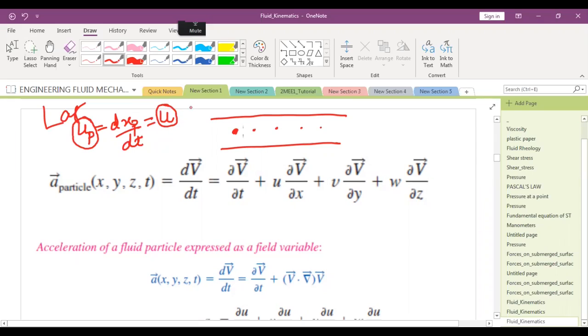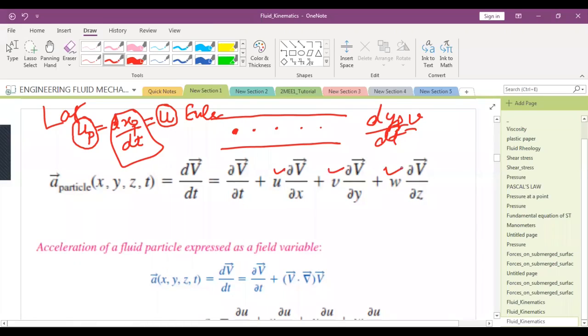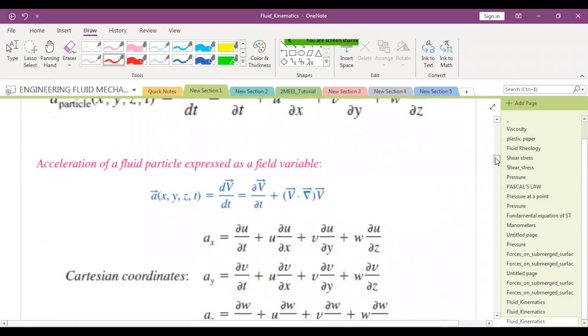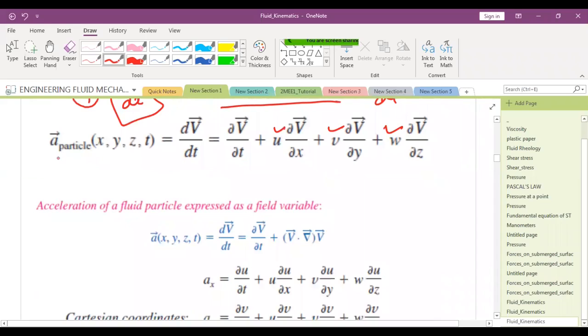So this is the Eulerian approach. So I have very conveniently replaced dxp by dt by u, then likewise dyp by dt as v, and so on. So I get the flow velocities now instead of particle velocities. And likewise, I can replace this a particle with the acceleration of the flow field at that point, at that instant in time.